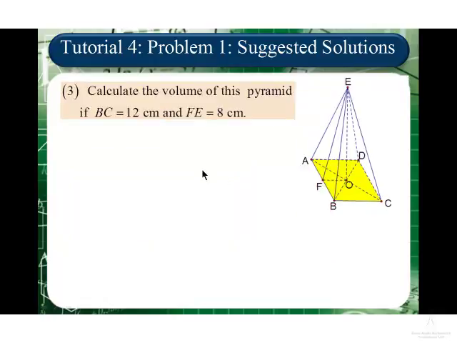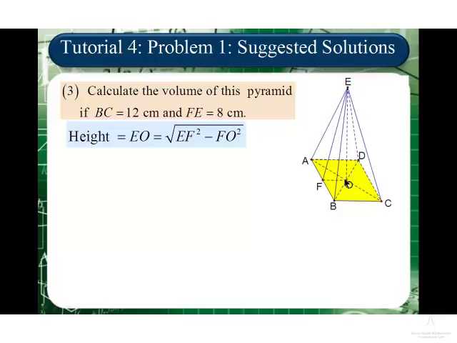In part 3 of problem 1, we have to calculate the volume of this pyramid if we have that the side length for the base, square base, is 12 centimeters and the slanted height is given as 8 centimeters. Now the challenge in this case is to find the height of this particular pyramid, denoted here by EO, and we can see EO and EF and FO forms a right triangle.